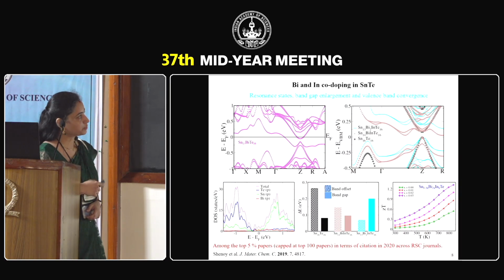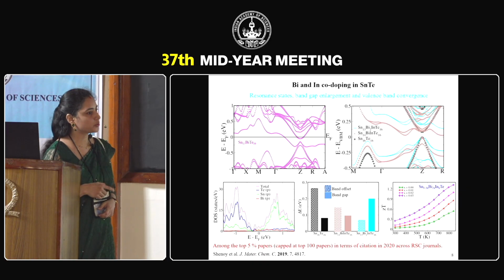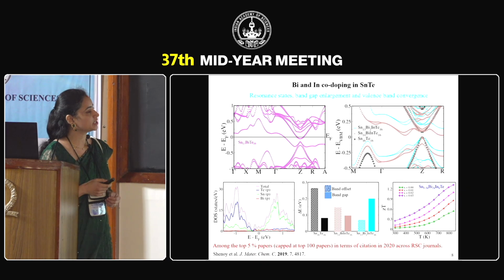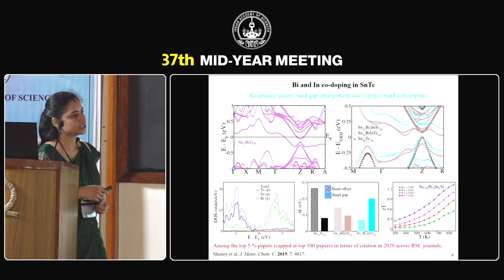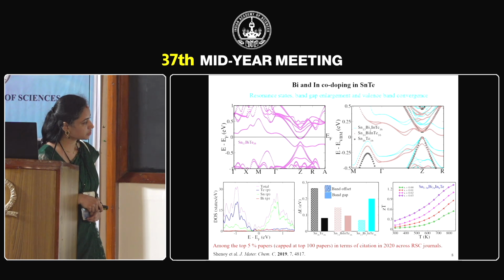So in the previous technique wherein you co-dope two different dopants, though they increase the performance at higher temperature, the performance at lower temperature was mediocre. So there was a necessity to find some other approach to improve the performance at low temperature. So bismuth, which was basically used to tune the carrier concentration of tin telluride, we studied its electronic structure and we saw that the p orbitals of bismuth hybridized with the p orbitals of the host, giving rise to what you call a resonance level.